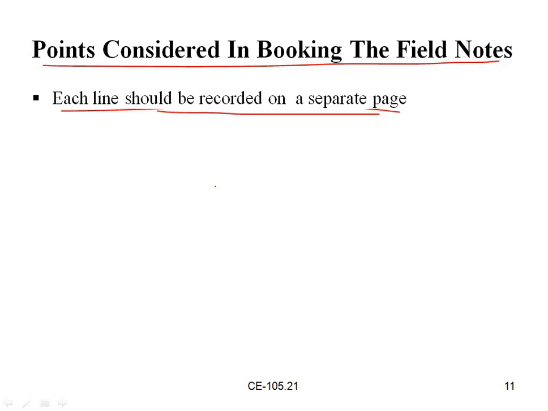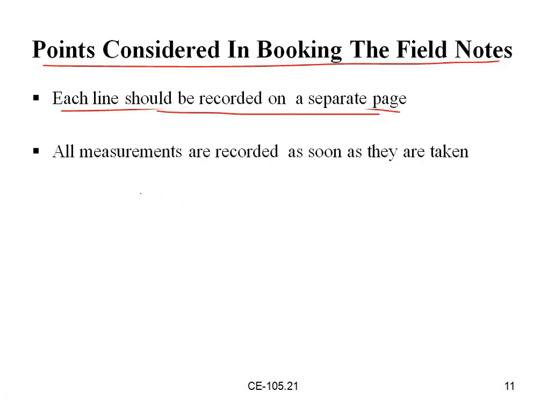One reading should not cross the line into another reading, otherwise mistakes will happen and the calculations will become wrong. And all measurements are recorded as soon as they are taken. Why are we saying this?